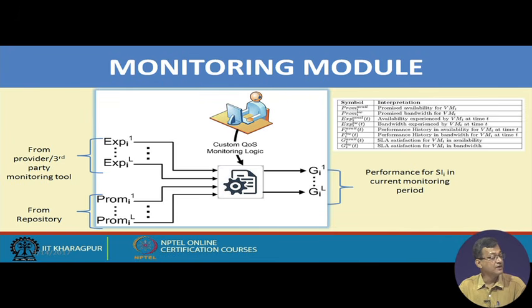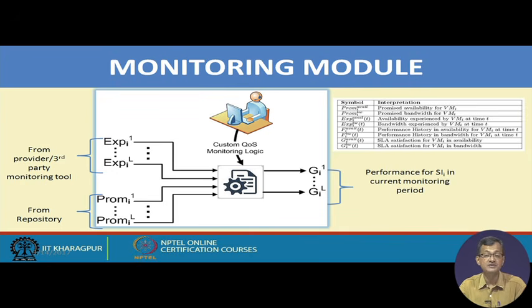It takes different available experience values, that is, availability experience by a particular VM, bandwidth experience by a particular VM at a particular time, then what the different promises are for different VMs by a particular provider, and so on, and generates the SLA satisfaction of a particular VM i on availability, SLA satisfaction of VM i on bandwidth, and so on.